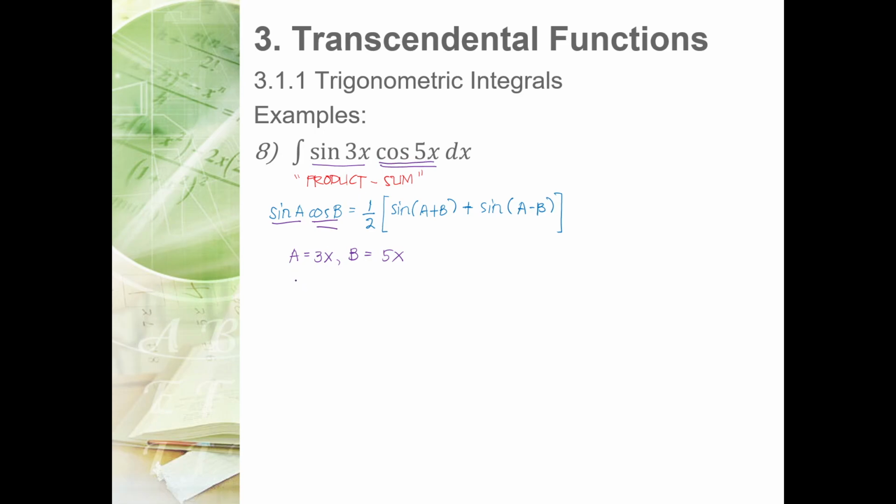So next we have your A plus B term. That will be 3x plus 5x, that will be 8x. Then next is your A minus B. That will be 3x minus 5x, that's negative 2x.